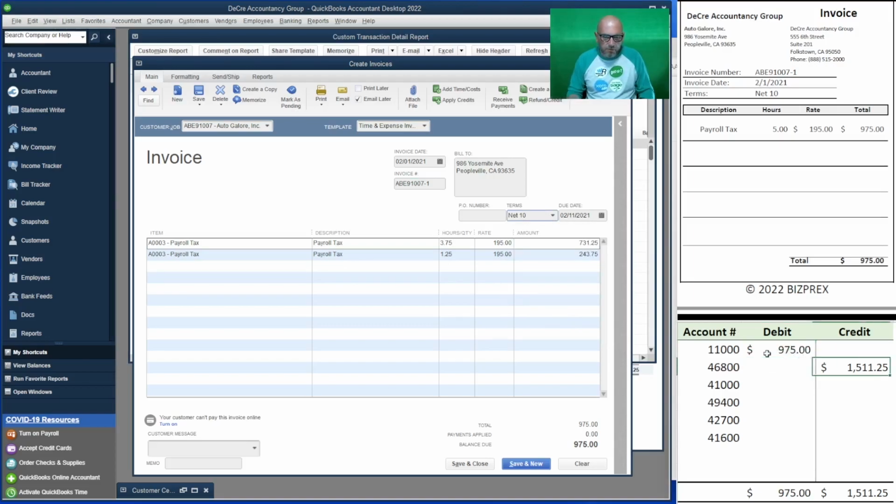We're billing for our payroll activities. So 46,800 goes up when credited because it's our revenue, payroll services income, our revenue from payroll services. And accounts receivable goes up when it's debited because it's an asset, right? So 11,000 goes up when debited. Okay, saving. I'll check that.